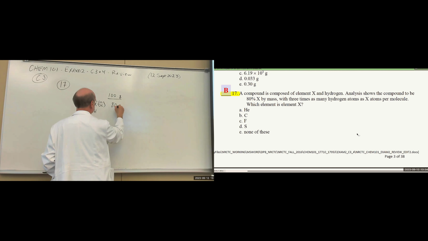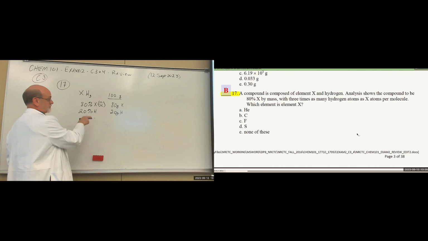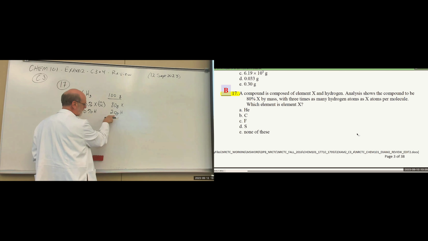Then we have 80 grams of X and 20 grams of hydrogen.